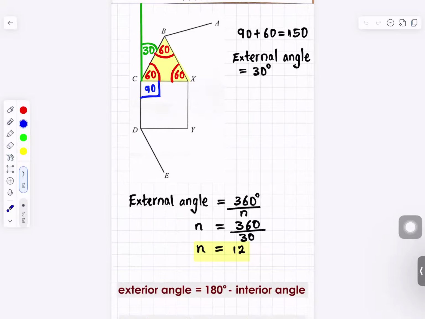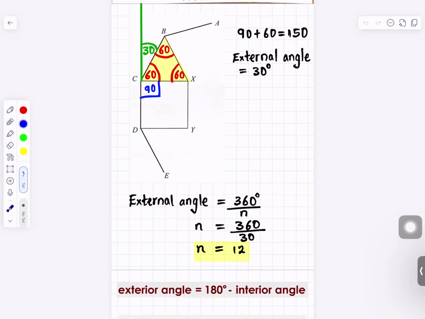Now you use this formula: exterior angle is 180 minus the interior angle. So 180 minus 150 gives you 30. So that exterior angle is 30.